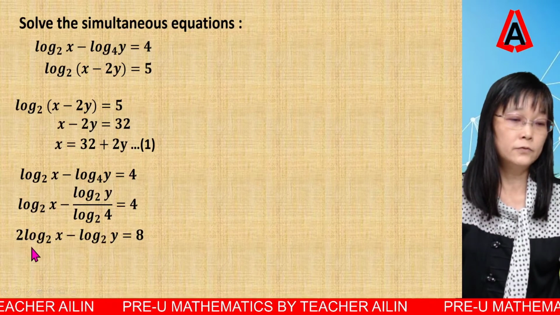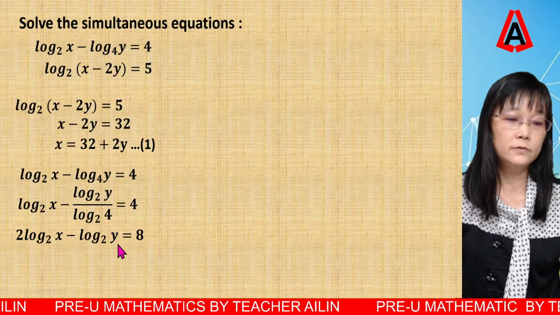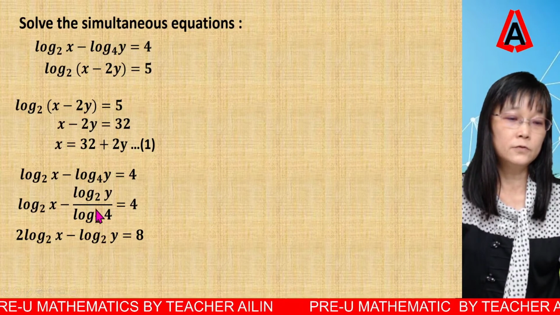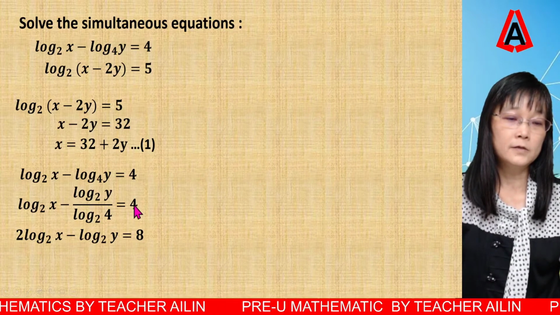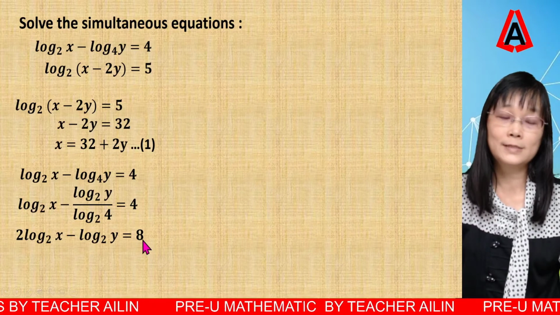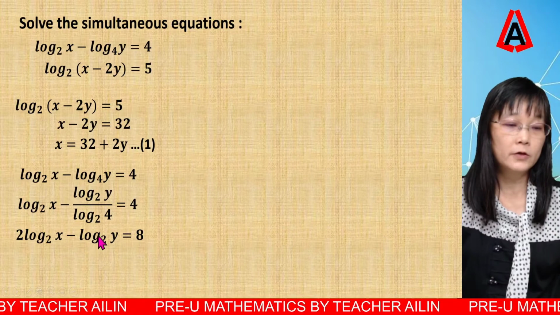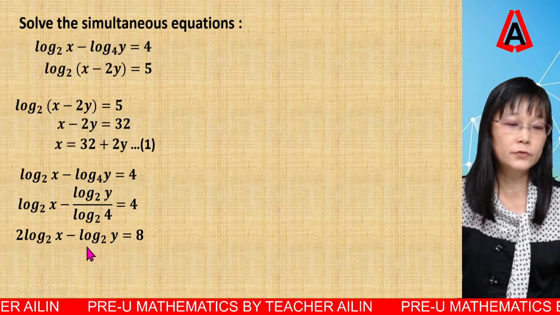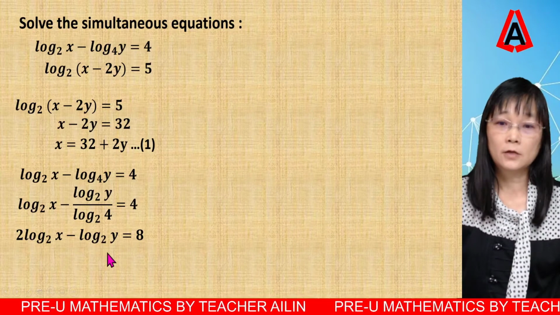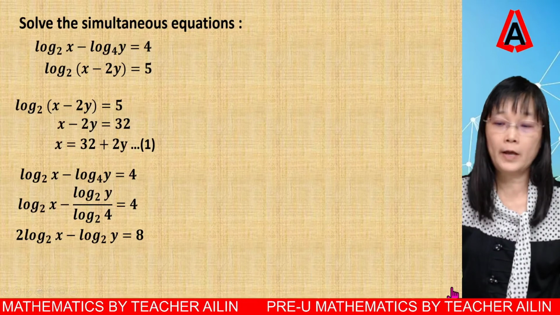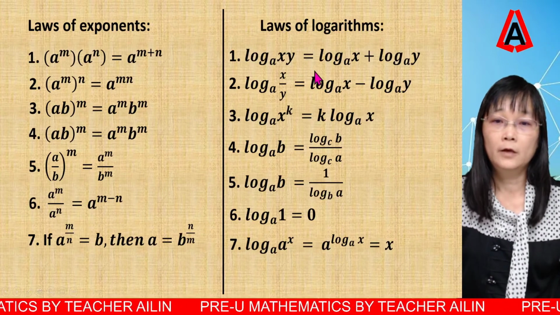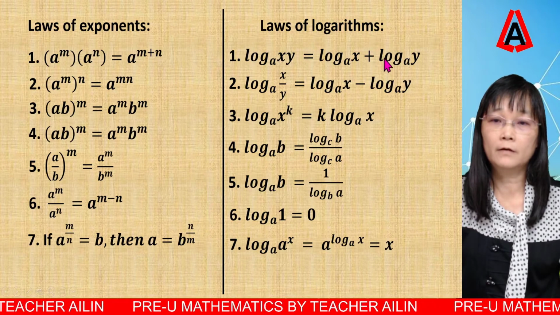Now I get 2 log x with base 2. Then the 2 here will be cancelled off, and 4 times 2 is 8. So now to change to index form, I'm going to combine these two logarithms. When we combine logarithms, we look at the law of logarithm.